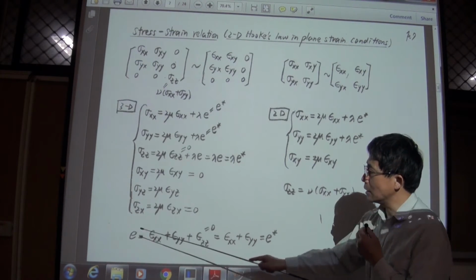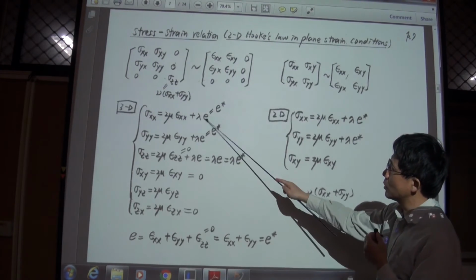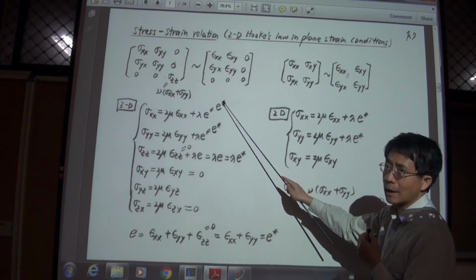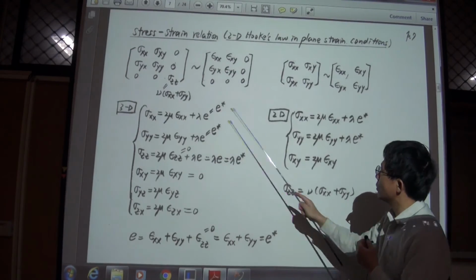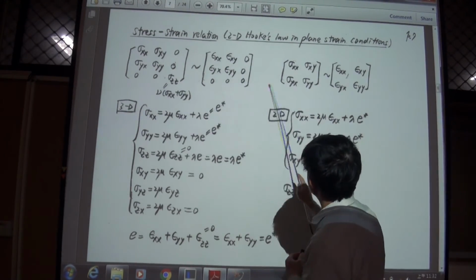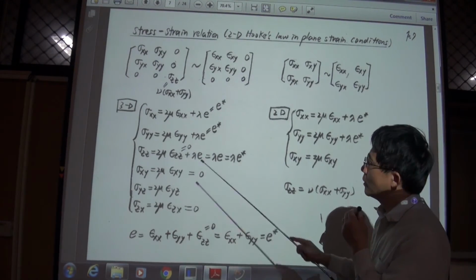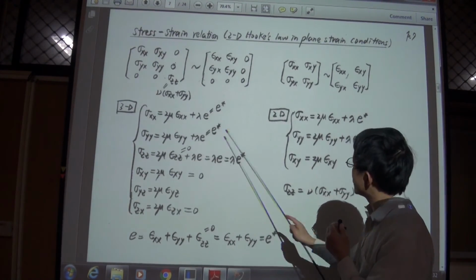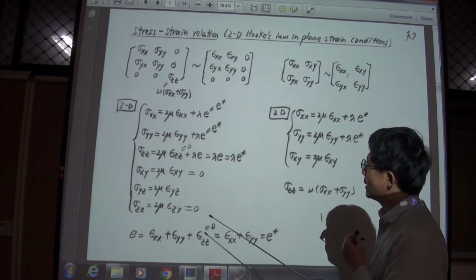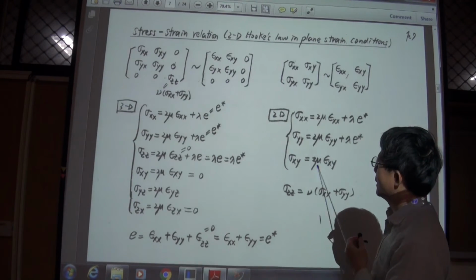So we can change from little e to little e star. So this little e will be replaced by little e star. Okay? So we write this relation, put it here. And in the same way, we can put this relation to here. Okay? And in the same way, this relation, put it to here. Okay?